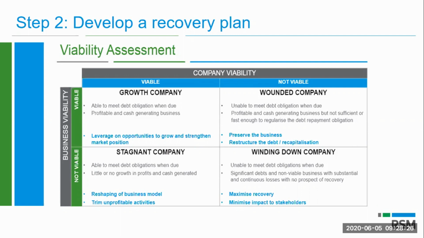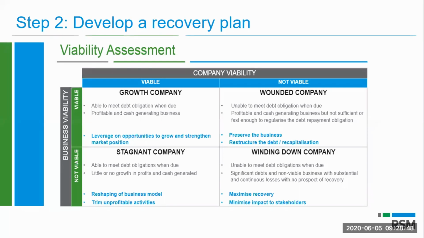And then last but not least, you're looking at winding down your company, with characteristics like being unable to meet your debt obligations when they're due, having significant debts, and having assessed your business as not viable, with substantial and continuous losses and no prospect. This also looks at pre-lockdown.